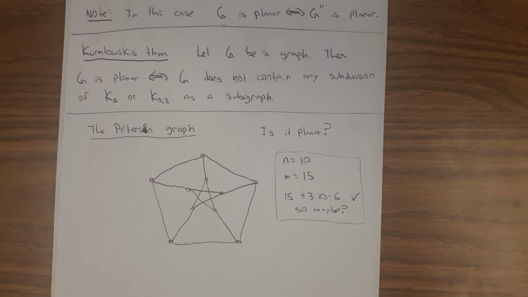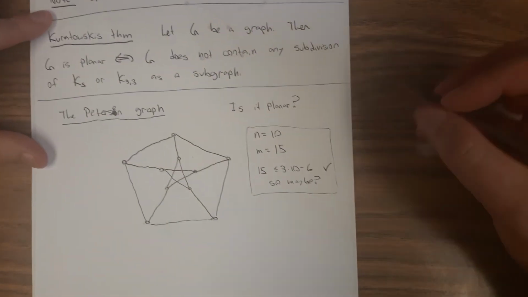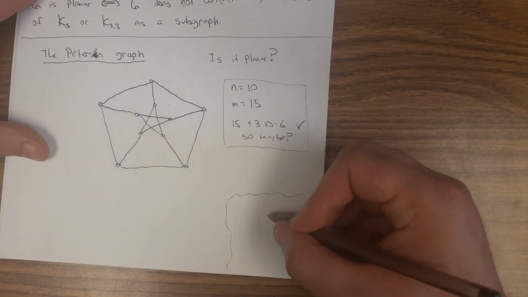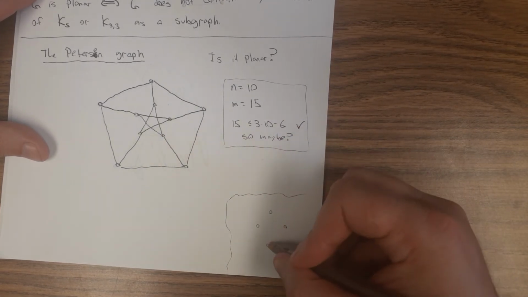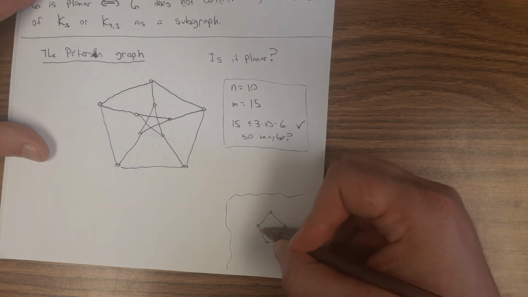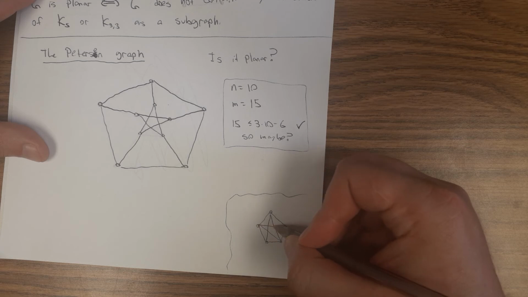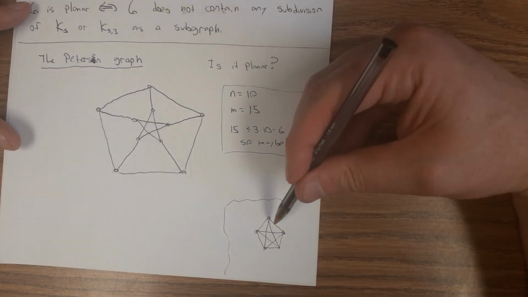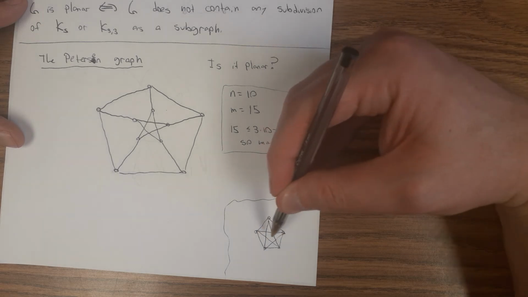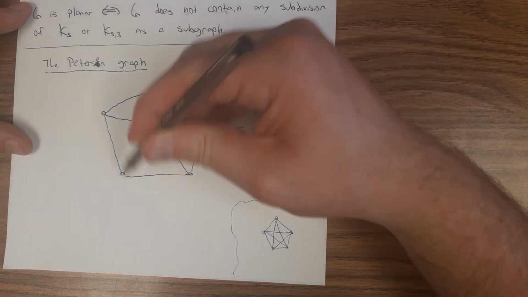We're not going to find a subdivision of K5 in there, though. Here's actual K5. It's not actually possible to subdivide edges in any way to turn this into this.